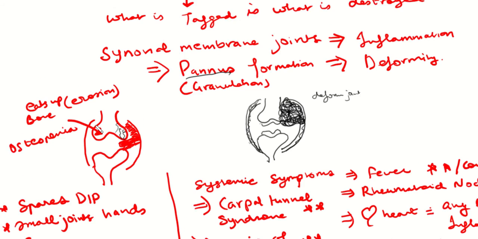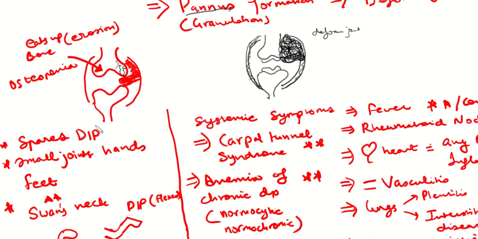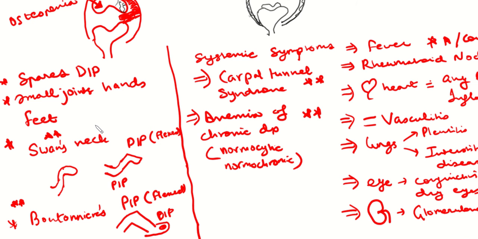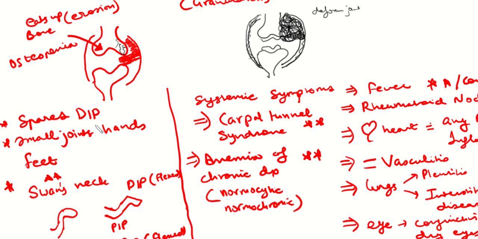Okay. Now there's some specific features to this disease. So it spares DIP, or the distal interphalanges. So if a patient comes in and says, hey, I have arthritis and here my DIP is inflamed, you can pretty much rule out rheumatoid arthritis.